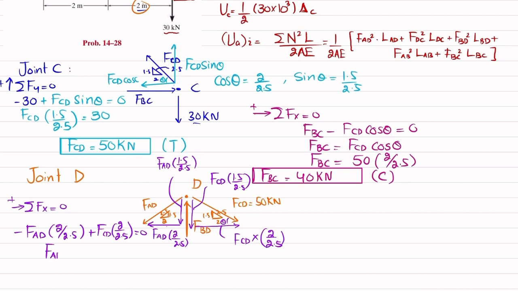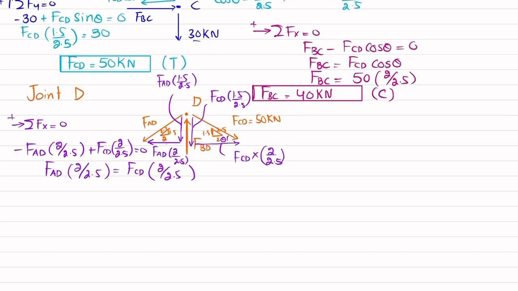So FAD into 2 divided by 2.5 will be equal to FCD into 2 over 2.5. These two terms will cancel, so we will get FAD equal to FCD.